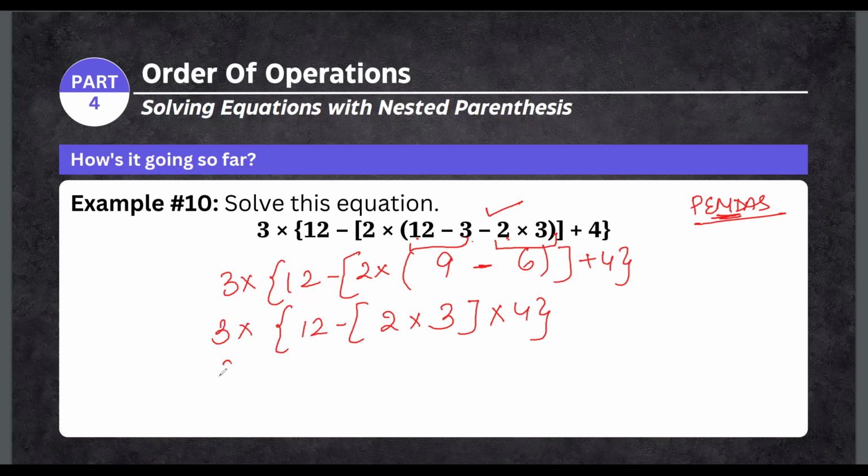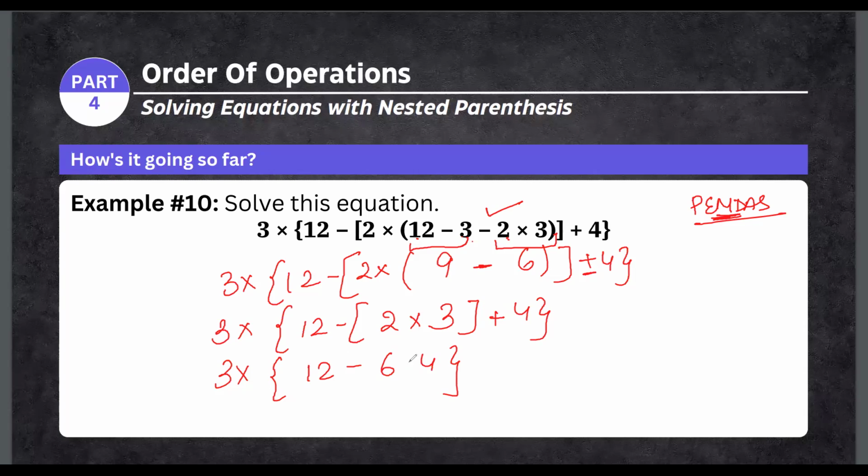I'm writing it like this so that there should be no confusion at all. 3 times 2 is 6 times 4. Now again, according to the PEMDAS rule, I have to follow multiplication first. So 6 times 4. Is it fine if I'm doing so? It's not multiplication, sorry. It's addition. Here I put multiplication instead of addition, because here we have a plus sign. So here I need to put a plus sign.